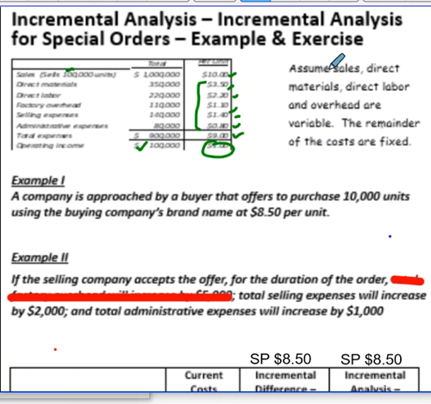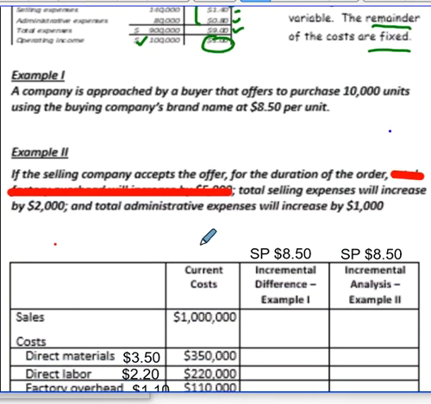Now in our problem, we're going to assume our sales, our direct materials, our direct labor, and our overhead are all variable. So we're going to assume all those are variable costs. The remainder of our cost are fixed. So let's go down just for a minute here and take a look at this income statement.